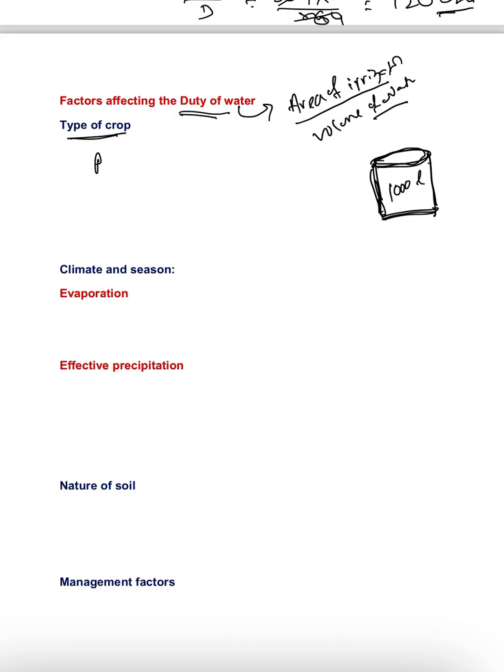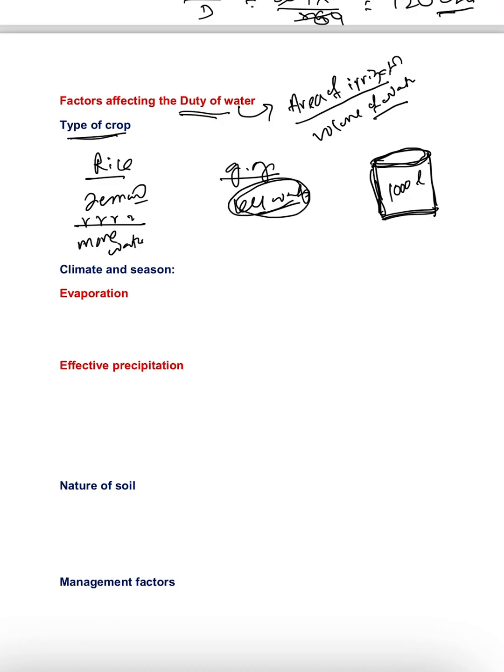So type of crop: suppose I am going for two crops, one is rice and another is green gram. As you know, rice crop will demand more water, but green gram will demand less water.